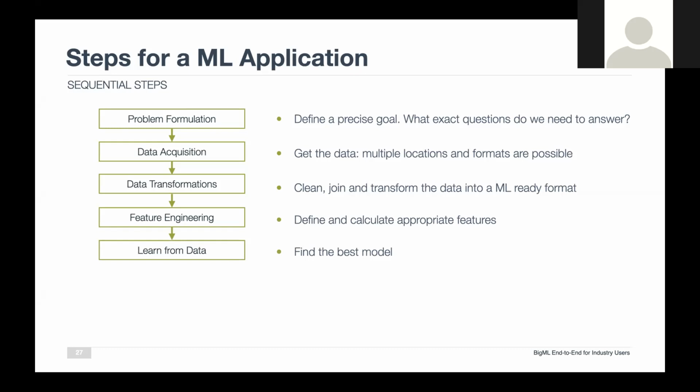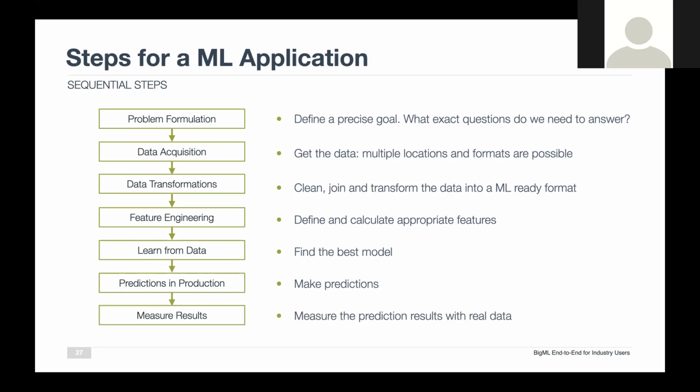After feature engineering, the next part is modeling, so learning from data and then evaluating models to find the best one. Once I have the best model, I'll need to deploy it in production and make predictions. And once I'm in production, I can measure results with real data. So those would be the steps that we have for a machine learning application.